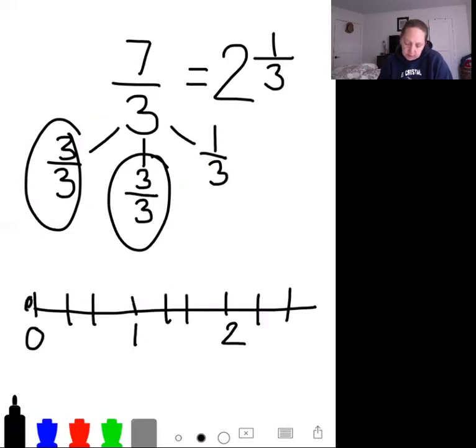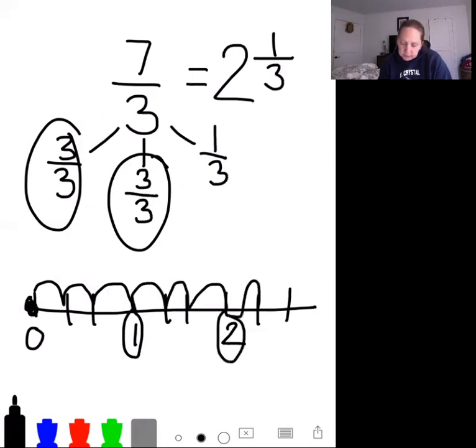So if I start at 0 and I want 3 thirds, I go 1 third, 2 thirds, 3 thirds, 4 thirds, 5 thirds, 6 thirds, 7 thirds. 7 thirds is also known as a whole of 2 plus 1 more third. So whether you're using a number bond or a number line or you're skip counting, either way, this is something that is quite doable.